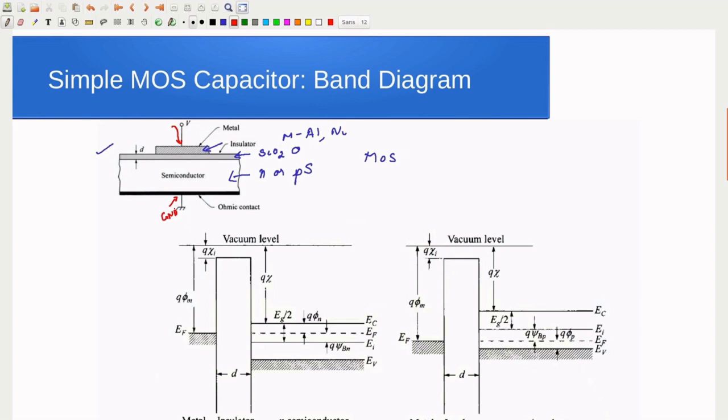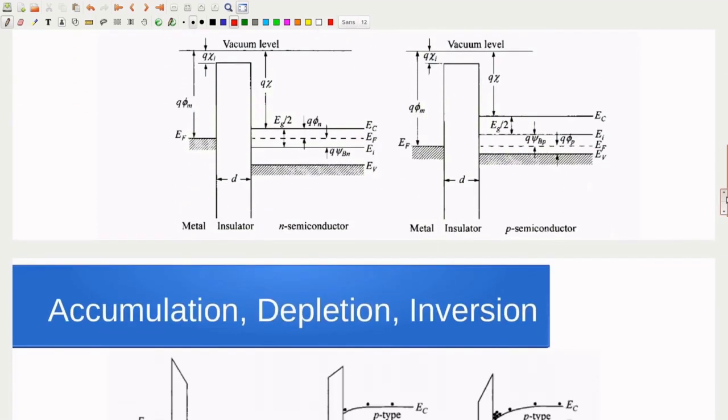Before discussing that, we will see the band diagram of the MOS, metal oxide semiconductor system. And then we will see what happens when a voltage V is applied.